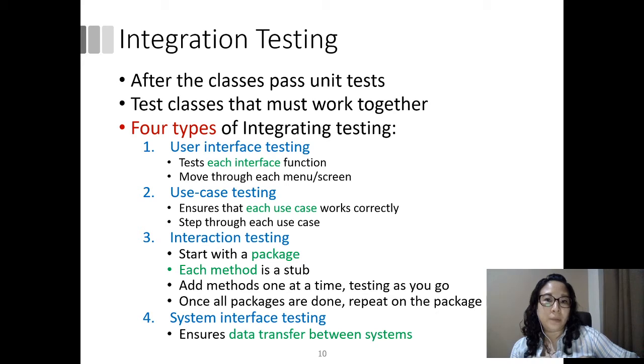So if you still remember, in the use case diagram, there is a sequence diagram, there is an activity diagram. So the whole activity stated in that use case will need to be tested.